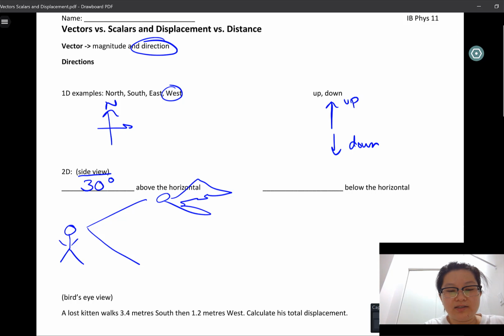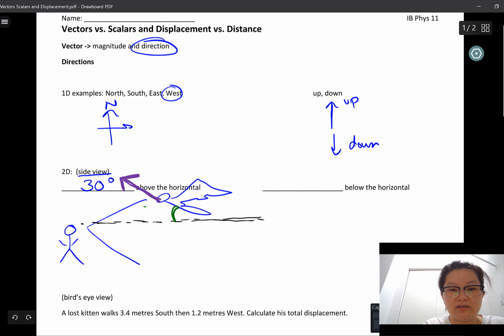Let's say this dragon is moving in that direction. This horizontal line is parallel with the ground, and 30 degrees would be this one right here.